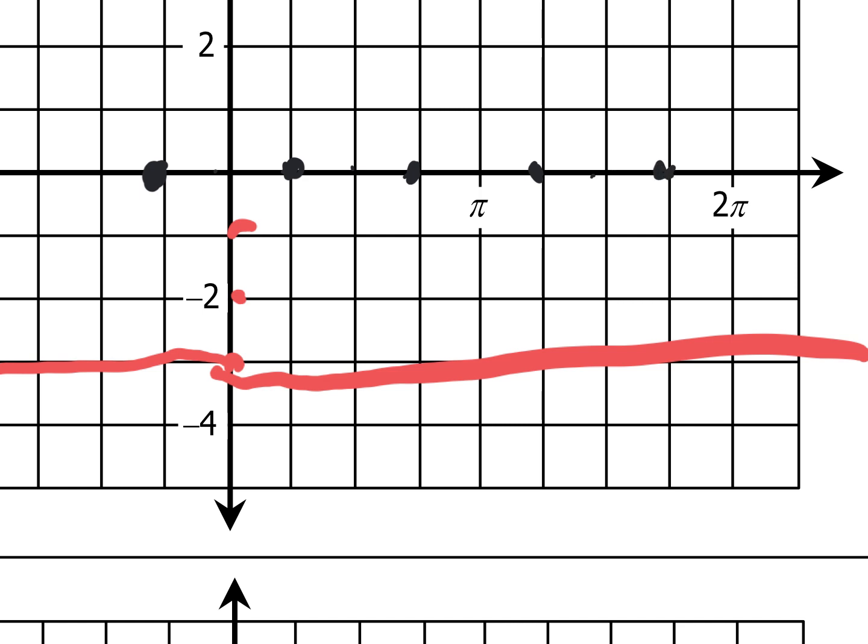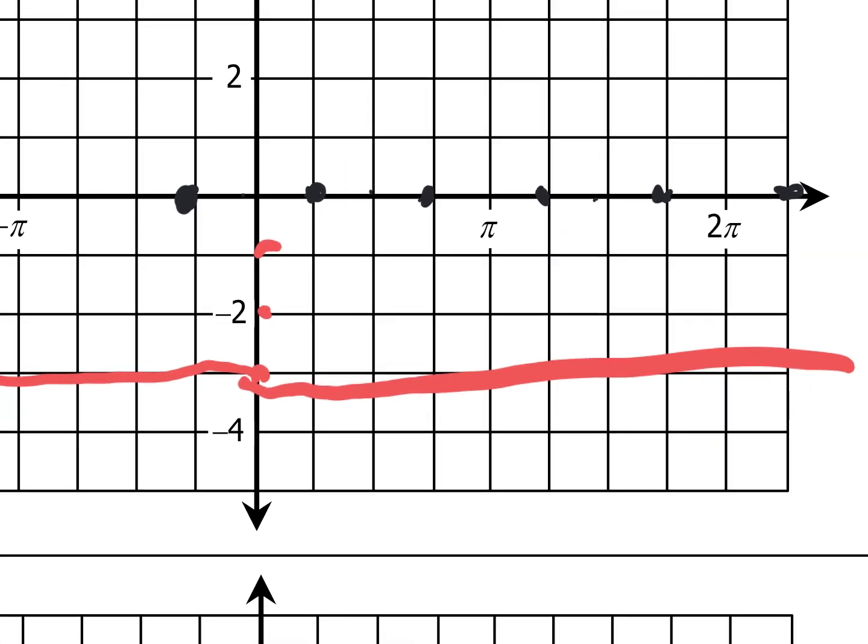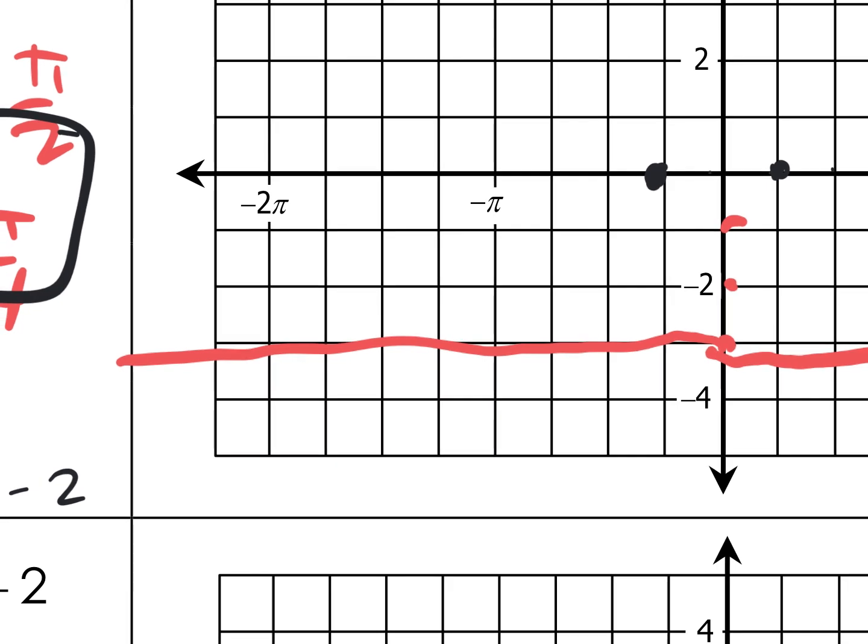And there's technically 1 at the end of 2 pi. I'll put it there just for cosmetics. Go left. 1, 2, and so on.